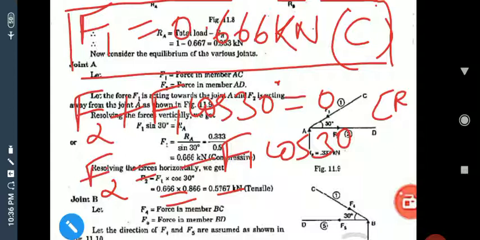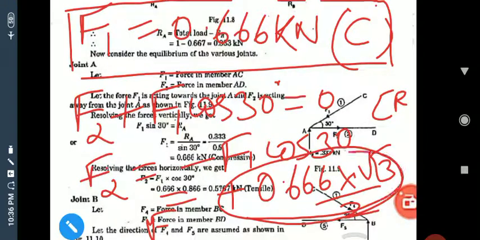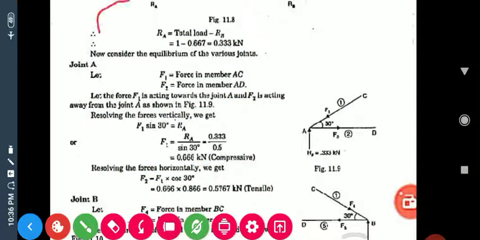What is the value of F1? F1 is minus 0.666, so minus minus gets plus. It's 0.666, and cos 30 is root 3 by 2. Now solving this, we get F2 equal to 0.576 kilonewton.